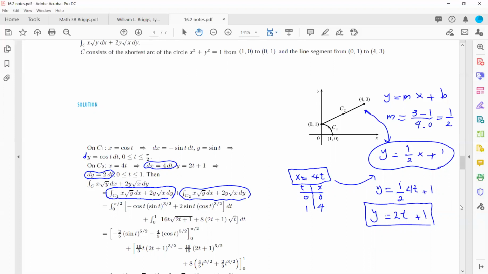Over the first curve, we know that our t ranges between 0 and pi over 2. Our x is cosine t. Our y is sine t. So you have negative cosine t sine t to the 3/2 plus 2 sine t cosine t raised to 3/2 dt.